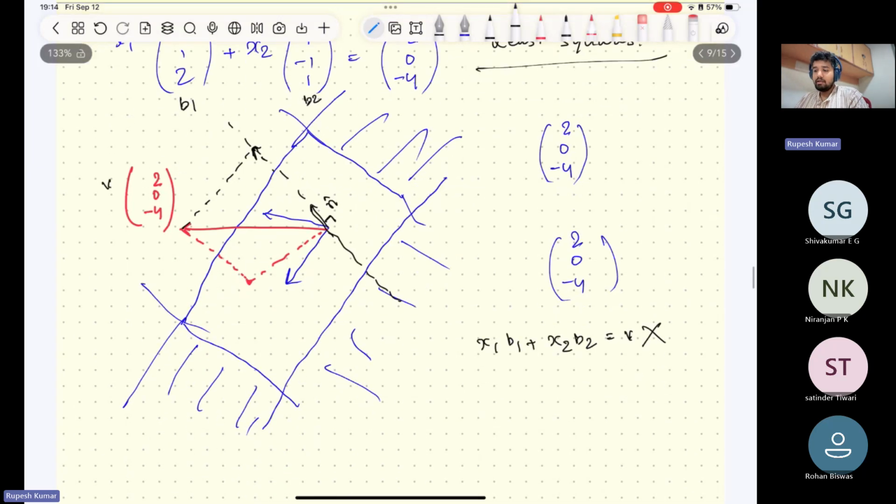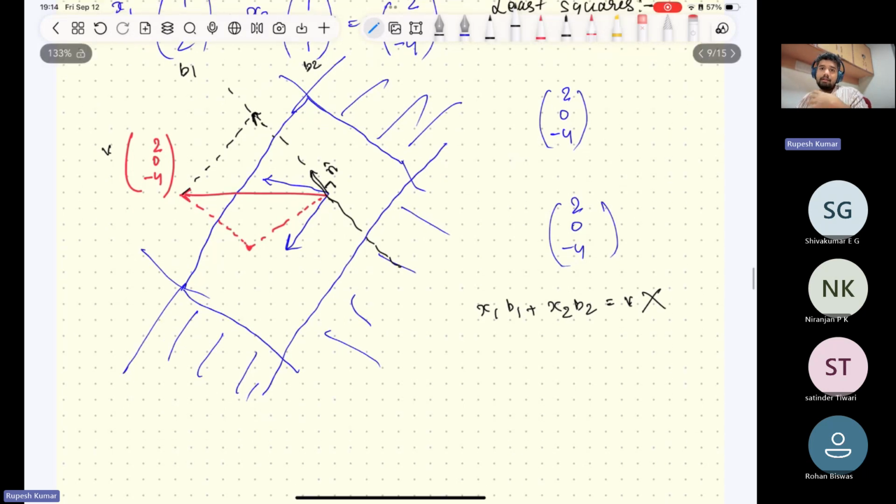Now, as I said, I want to make some approximation. I want to get some solution which is some sort of approximation to this. Can I do that approximation? The answer is yes. And that is essentially the least square solution, which is the vector closest to this vector V. Let's call this vector V tilde.